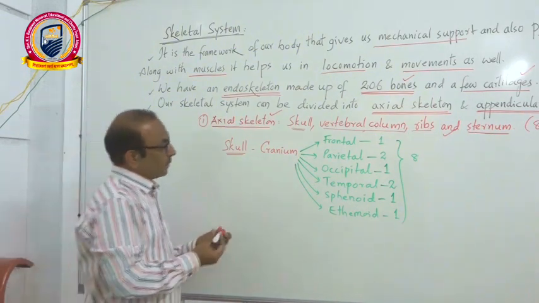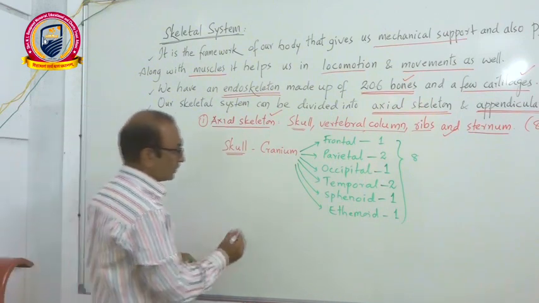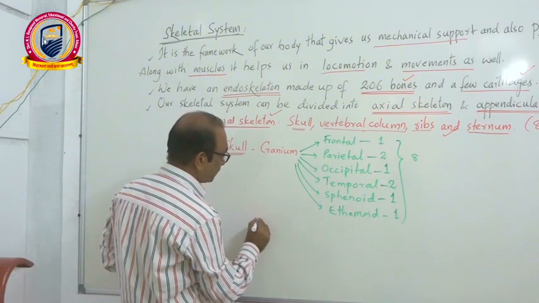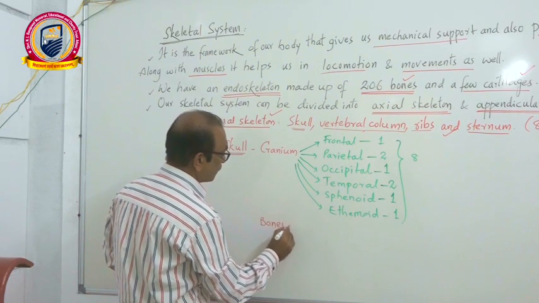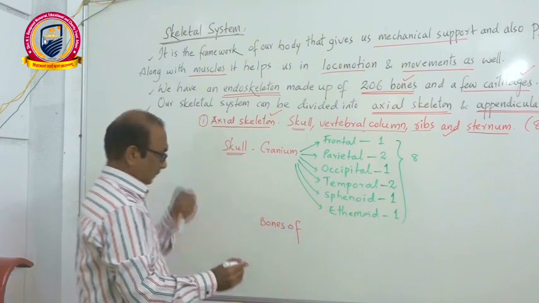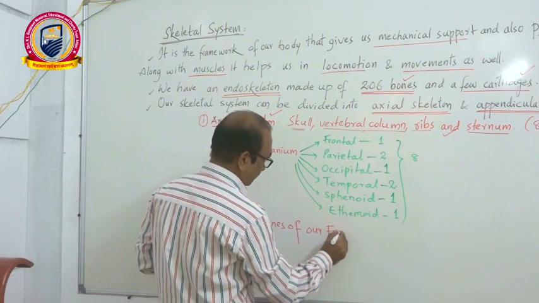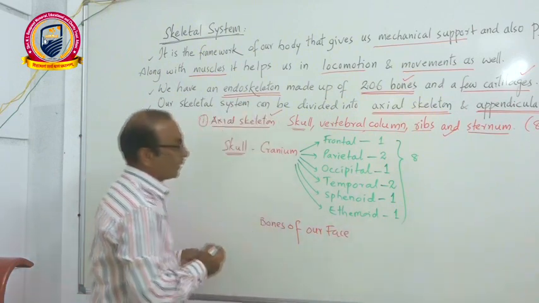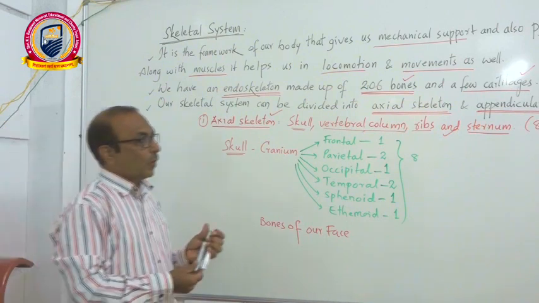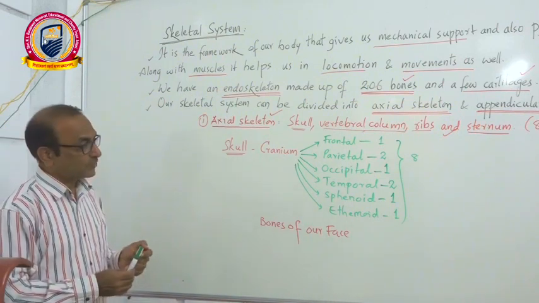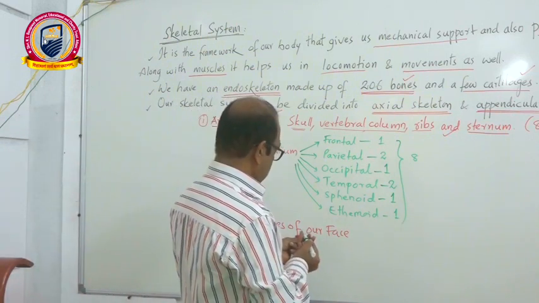Now let us take up the bones of our face, facial bones. Now our face has got about 14 bones. Let us see what these are.